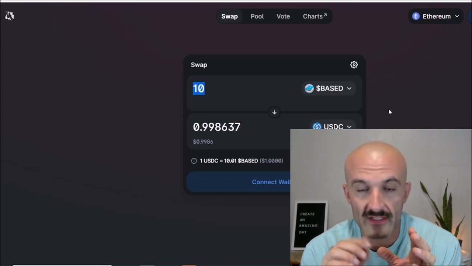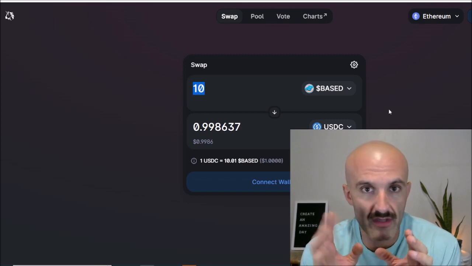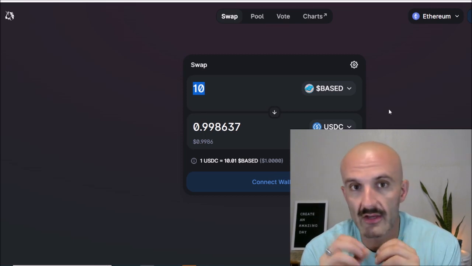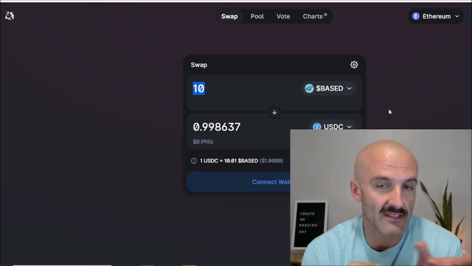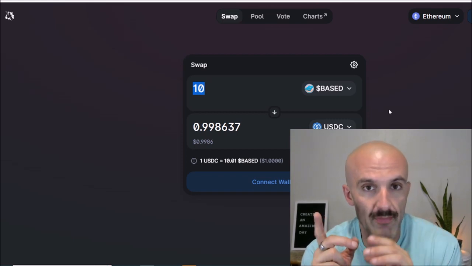So that means that if asset B goes up by 10x and asset A goes up by 2x, what you're left with is asset A, not B.